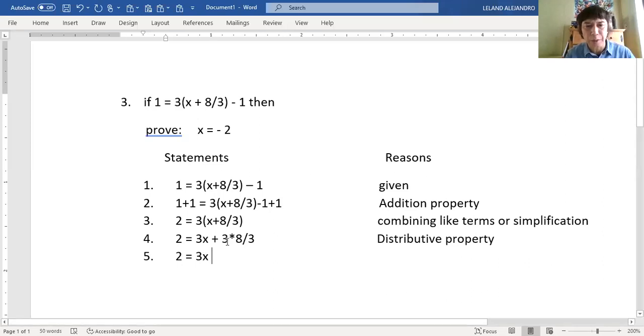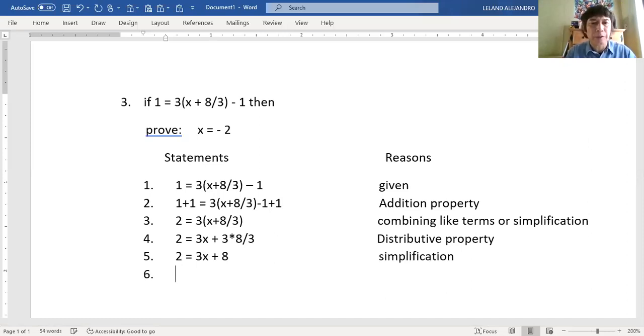So by way of simplification, we will be having just 3x. And you see this number 3 cancels out with the 3. So this will be left just 8 there. And we shall be able to isolate the 8 so that we will only have the x term on one side. So this is by way of simplification.